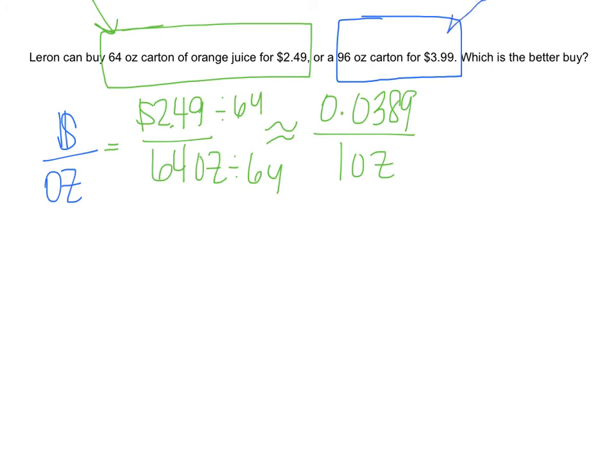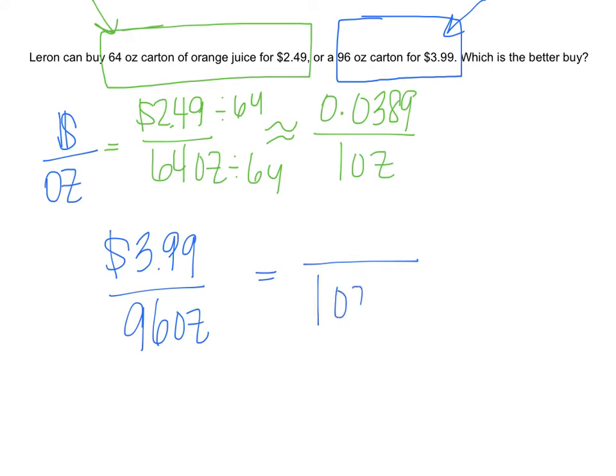Go ahead and see if you can find the unit price for this blue one. You should have done $3.99 over 96 ounces. Let's find that unit price. So divide the top and the bottom by 96. And you should get 0.0416 for every 1 ounce.